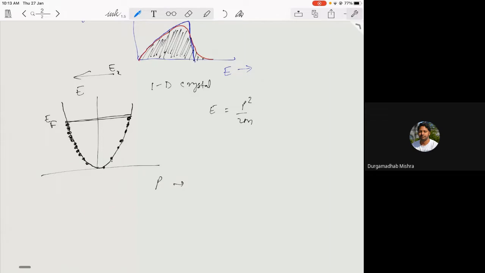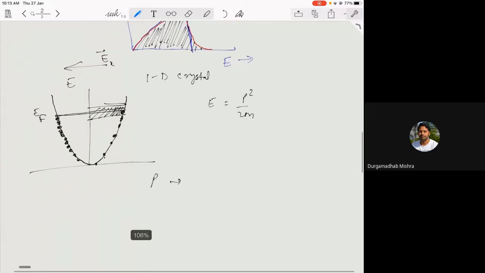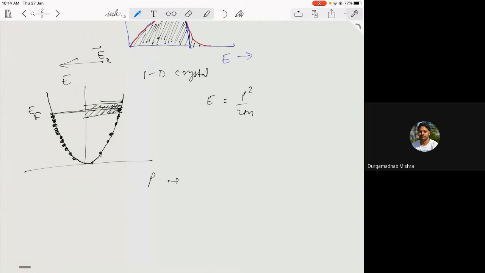The rest of the electrons are there, but they are not really contributing to the conductivity of the material.